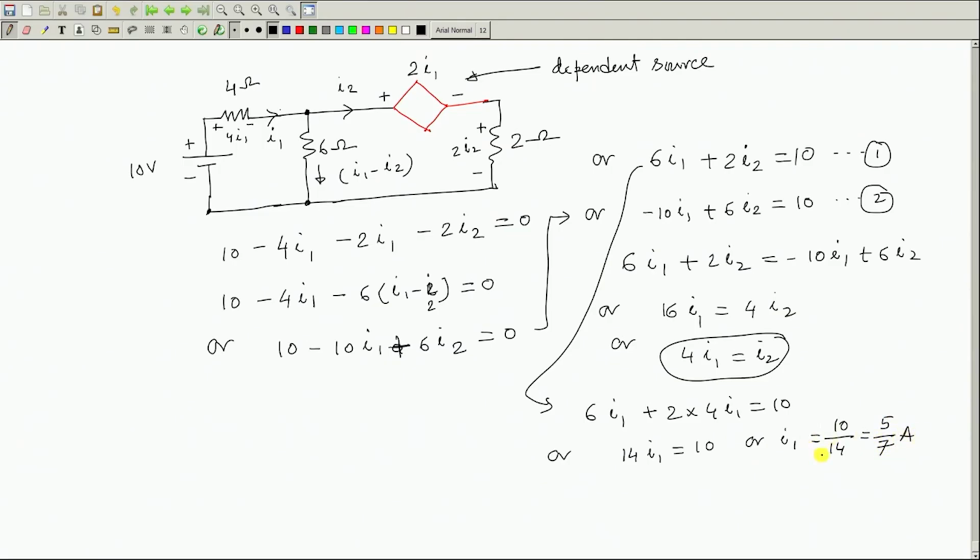If I 1 is this, then I 2 is equal to 4 I 1, and that will be 20 by 7 ampere. So, I have been able to solve the circuit, all the branch currents.